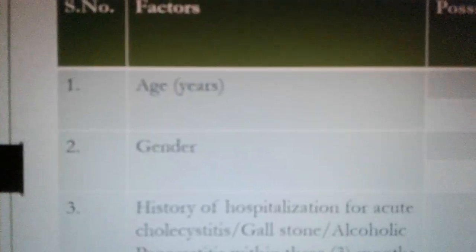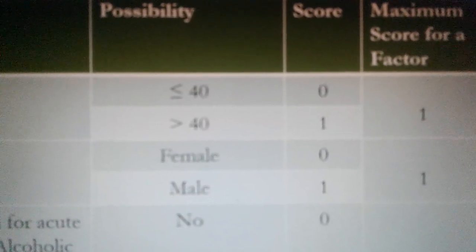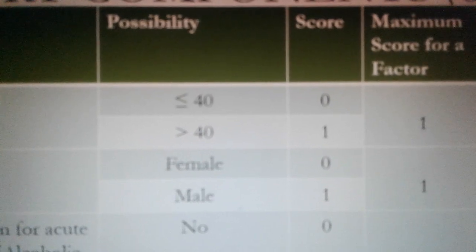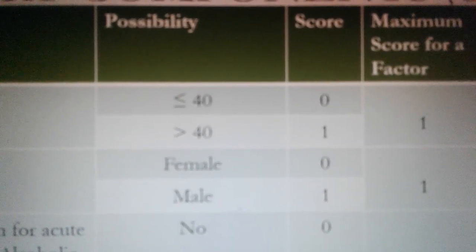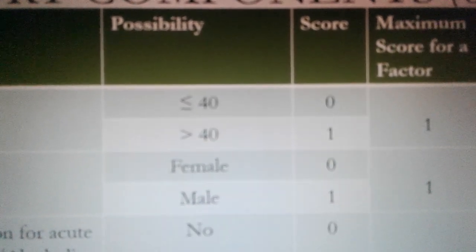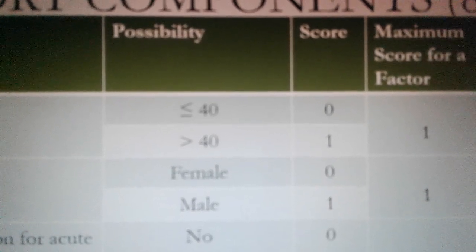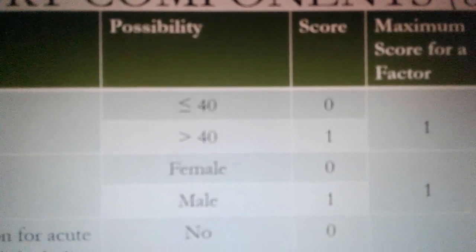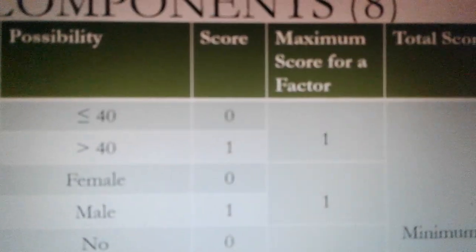Let's come to the gender. If female gender, score 0. Usually the female gallbladder is easy to operate. The normal anatomy, usually a lesser degree of problems are there with female gallbladder compared to the male gallbladder. And if the gender is male, score is 1. Again the maximum score is 1.